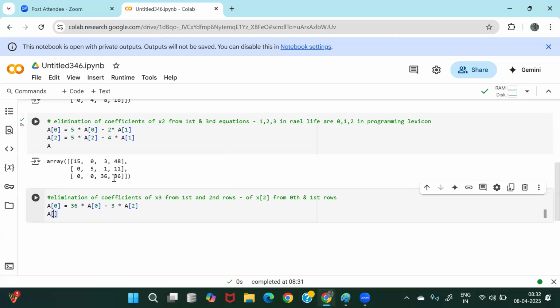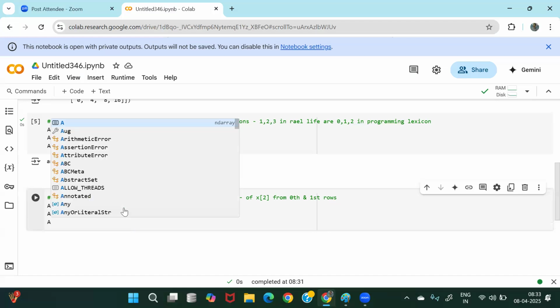Next, row 1 is equal to, again reference is 36, 36 into this row, minus 1 into 36.